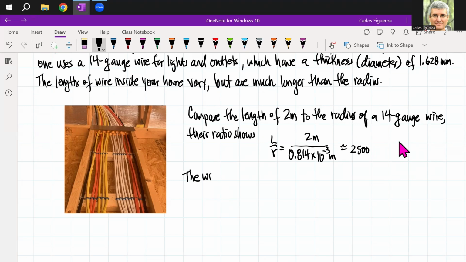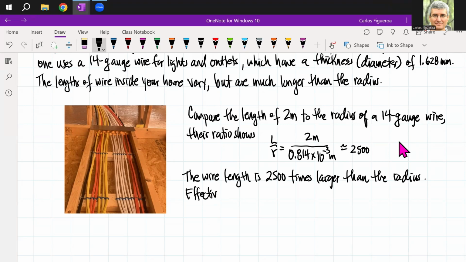The wire length is 2,500 times larger than the radius. Effectively, this is an infinitely long wire.